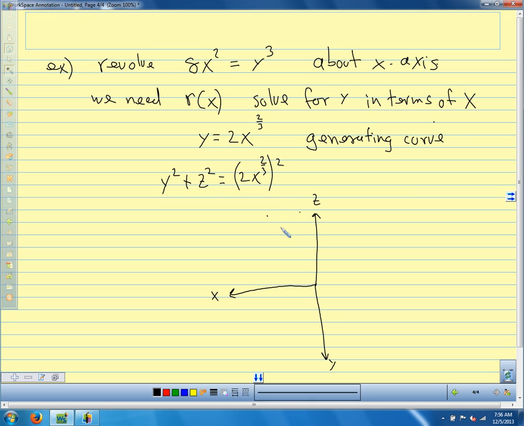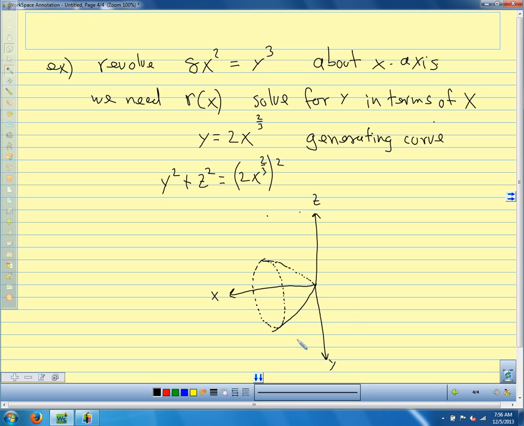So in the xy plane, it's going to look something like that, more or less. And then we're revolving that about the x-axis. So this would go in a circle about the x-axis. So roughly that's what our surface is going to look like.